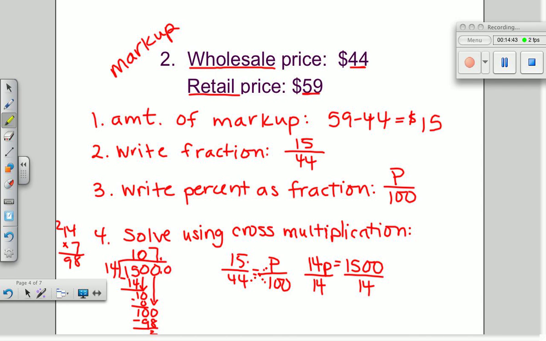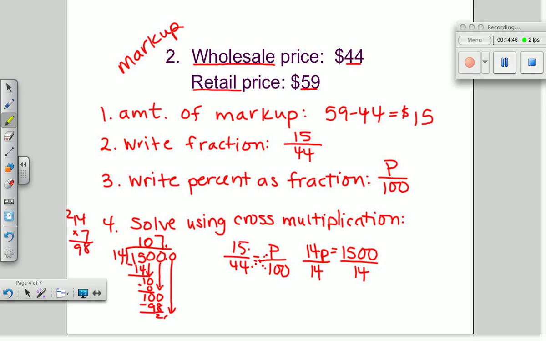Add a decimal, a 0. 14 goes into 20, one time. 60, add a 0. 14 goes into 60, 4 times. That's 56. 60 minus 56. So we can stop there. 107 and 1400ths.